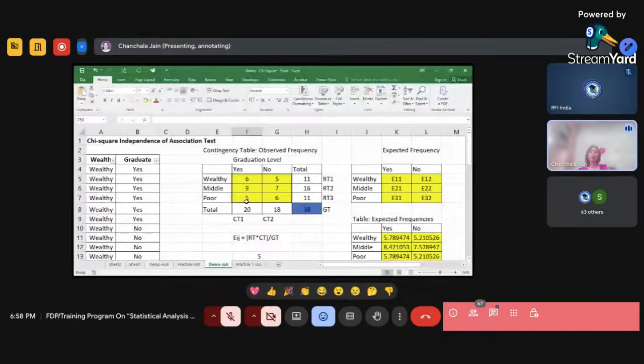It is a simple formula. Once you have both tables, you use the CHISQ.TEST function, provide the ranges of both the frequencies, and that way you get the p-value, right? This is the whole concept of the chi-square test.